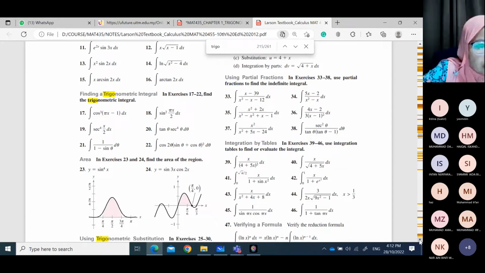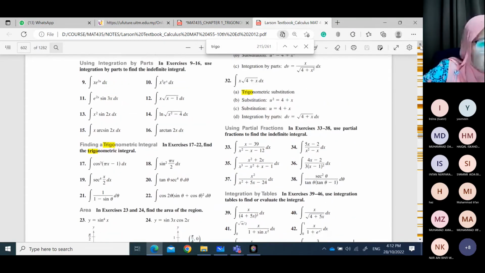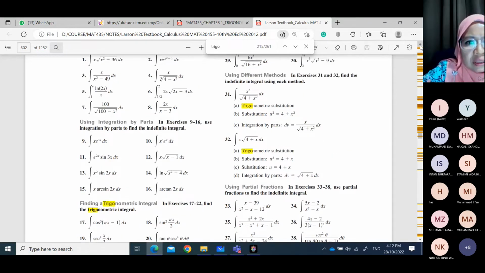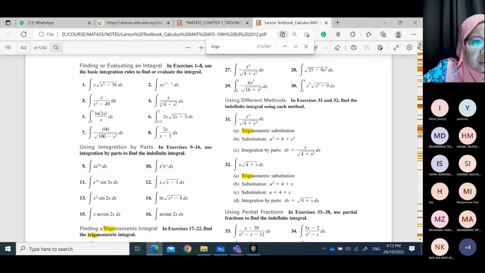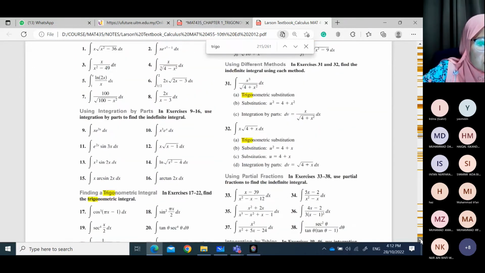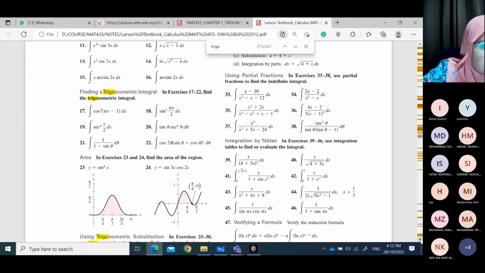Okay, so kita try buat soalan cosine and sine. Square exponent, integration by parts, trigonometric integral. This one sine, mana sesuai. Kita cari yang sesuai, integral substitution. Tak belajar lagi. Tak ada tangent dia.